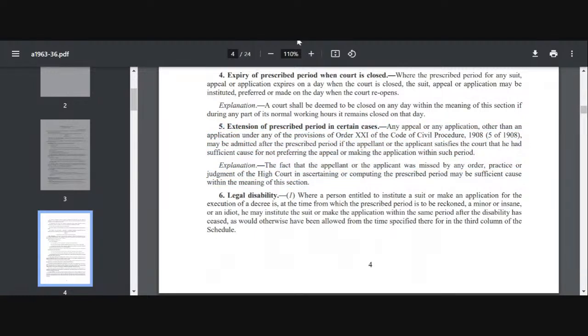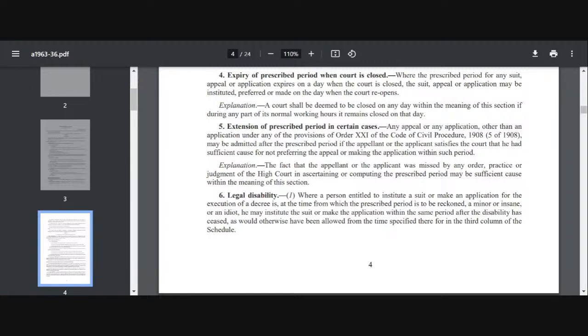This is a very commonly asked question in preliminary examination: does section 5 apply to suits, appeals and applications, all three? No, it does not apply to suits. Please mark it. It only applies to appeals and applications.